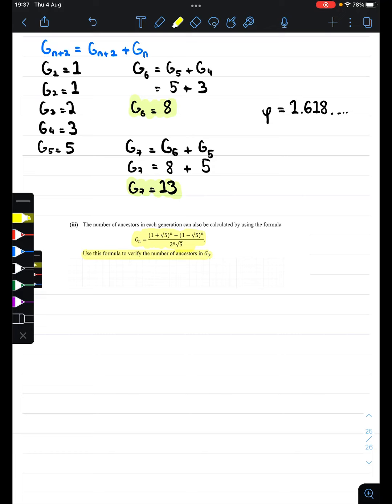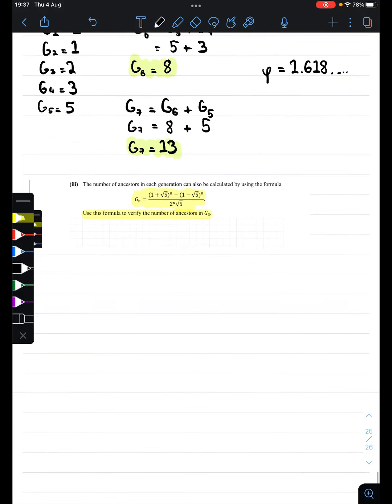If we just use this formula, Gn equals (1 plus the square root of 5) to the power of n minus (1 minus the square root of 5) to the power of n, all over 2 to the n root 5.